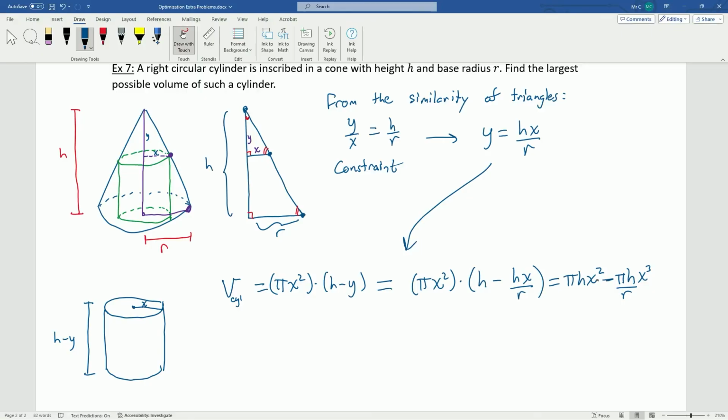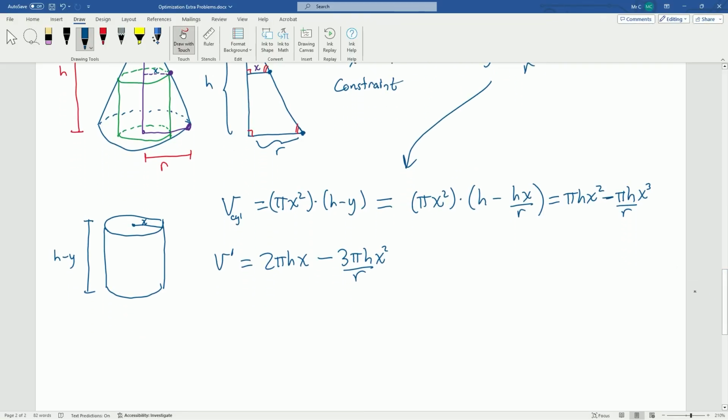Now, when I take the derivative of this function, I've got x squared here, so that's 2 pi h x, minus, and this is x cubed, so that's 3 pi h x squared over r. Now, I want to check when this is equal to 0. I also need to check when this derivative doesn't exist, but in this case, it exists everywhere. We've just got x and x squared, so there's no problems there.